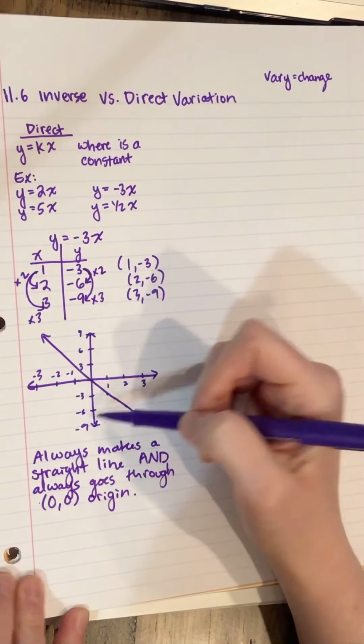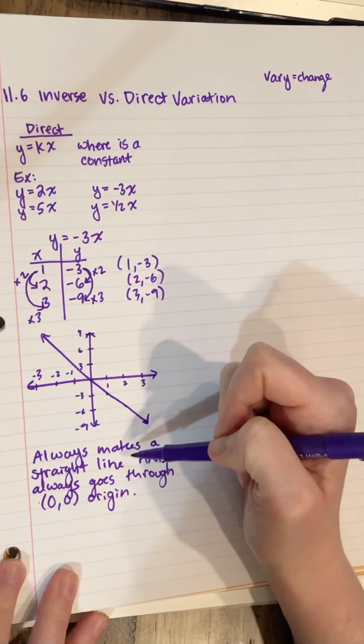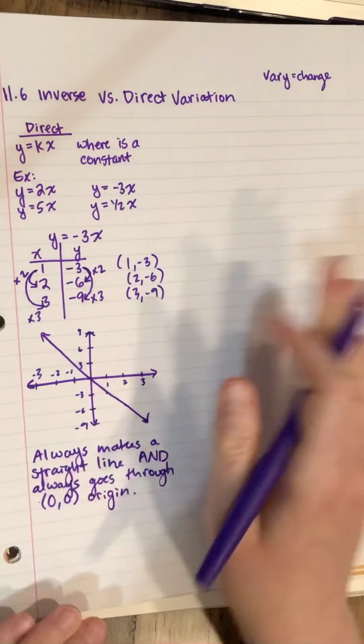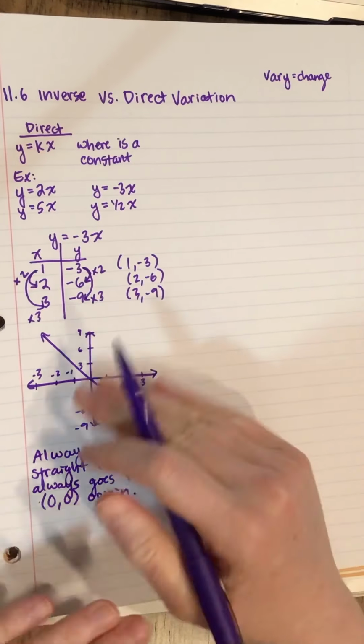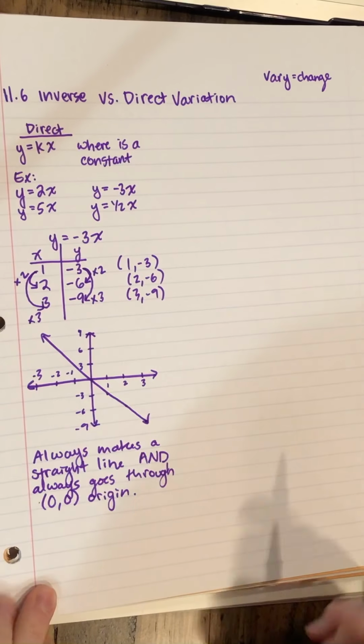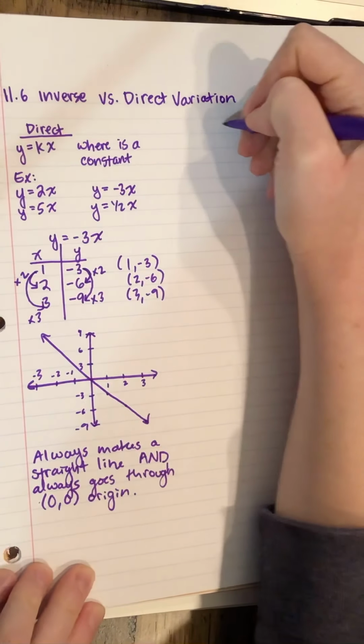If one of those things is missing, like maybe you have a straight line and it doesn't go through 0, 0, it is not direct variation anymore. It's something completely different. So that's an overview of what direct variation is. Let's go into inverse variation now.